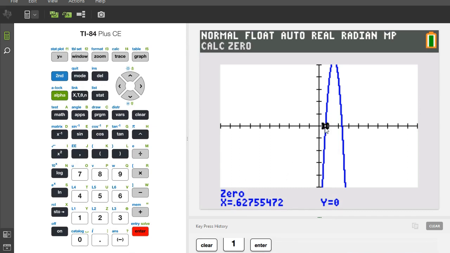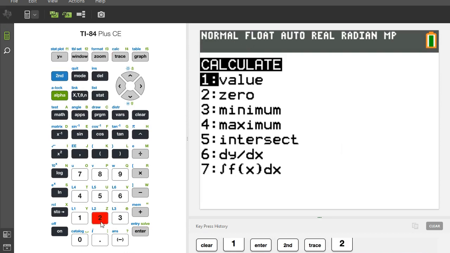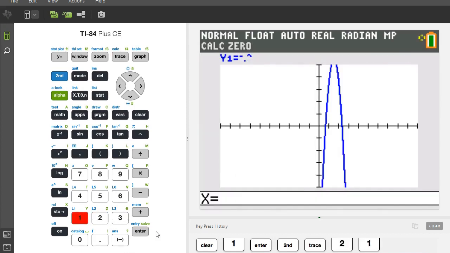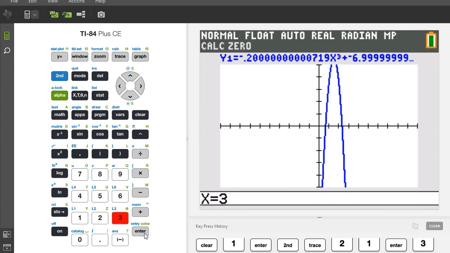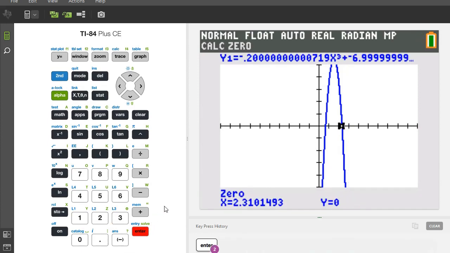And then it is positive from here until we have another 0 that we have to find. And so I'm going to bound my 0, and then it is at 2.310. So that is the last spot that it is positive, and then it's negative thereafter.